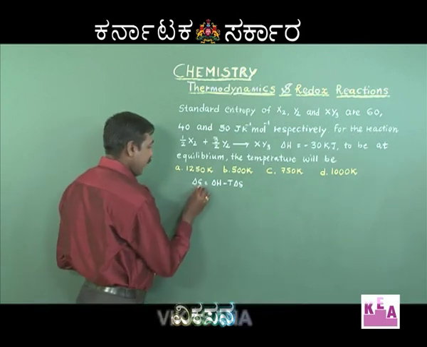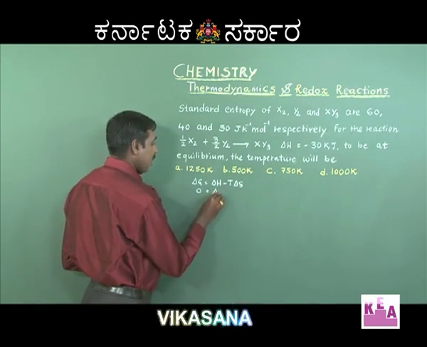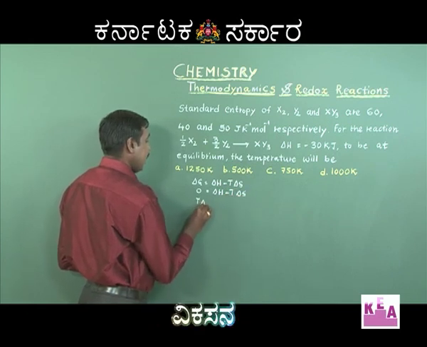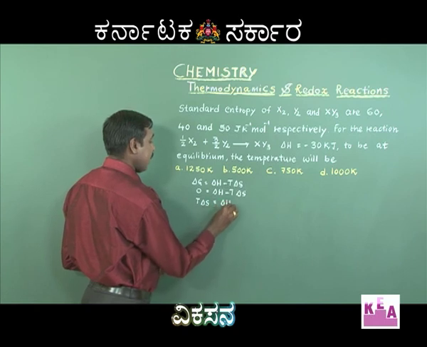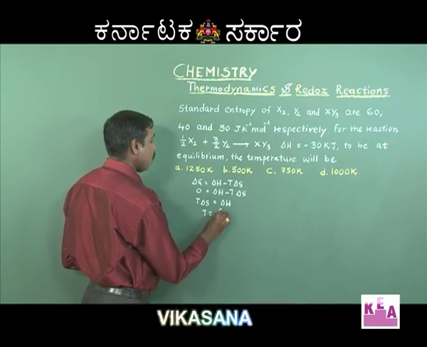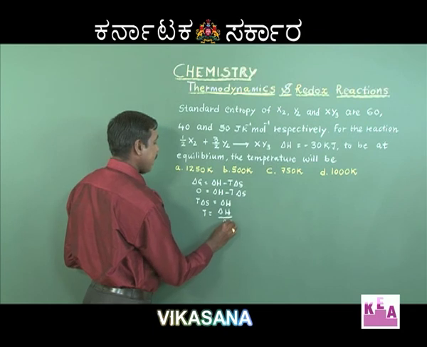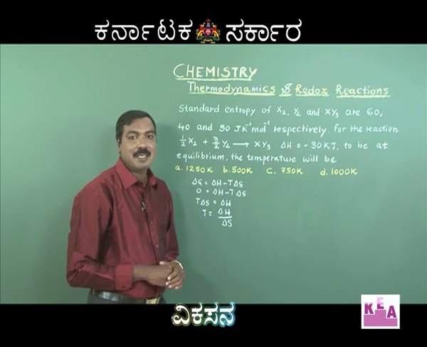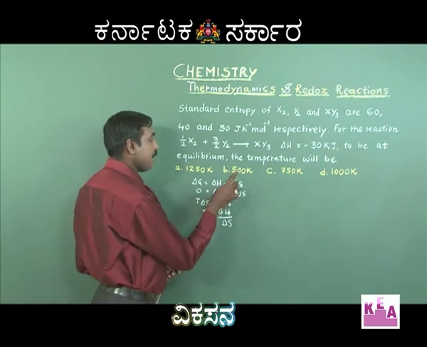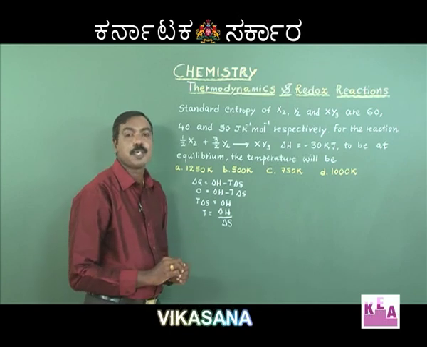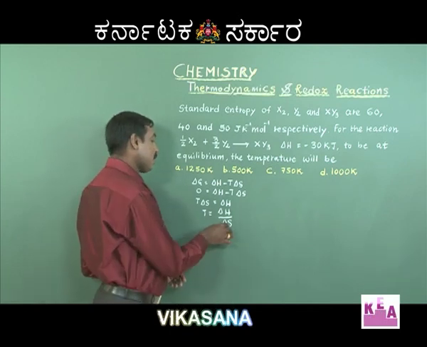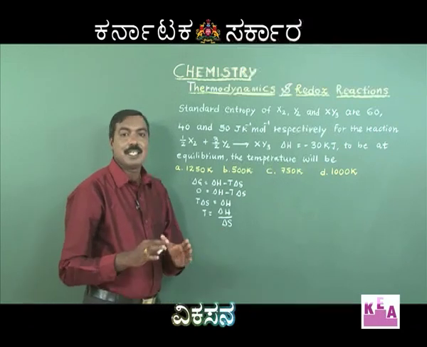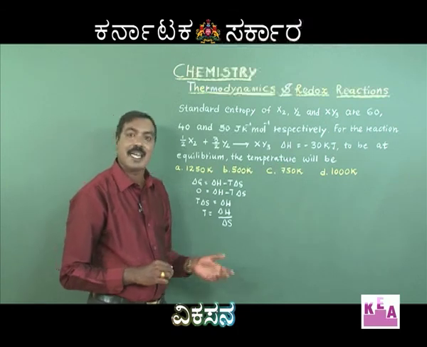Therefore, if delta G is equal to 0, I get the relation T delta S is equal to delta H. Therefore, T is equal to delta H by delta S. From the data I have, delta H is equal to minus 30 kilojoules, no doubt about it. Now I have to get the substitution for delta S.